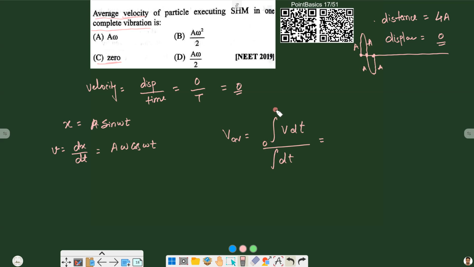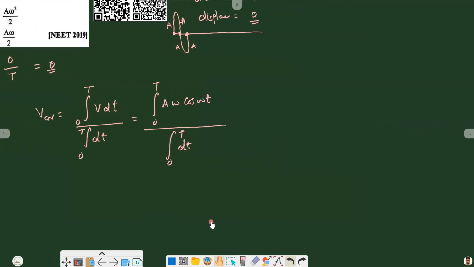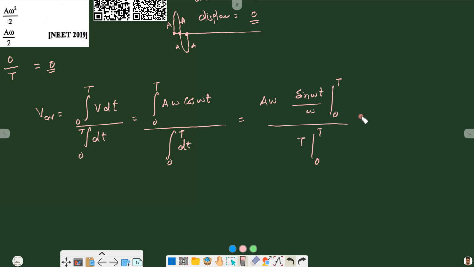So here we are averaging over the complete time period, or 0 to T. So limits 0 to T, the value of v is A omega cos omega t, so A omega cos omega t dt, limits 0 to T. Now A and omega here are constant, and the integral of cos is sine, so it will be sine omega t by omega, and the integral of dt is again t, with limits T to 0.